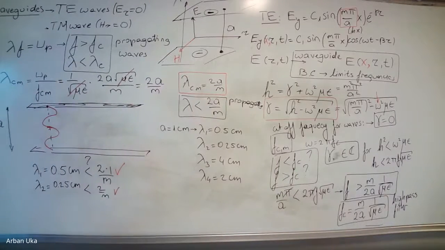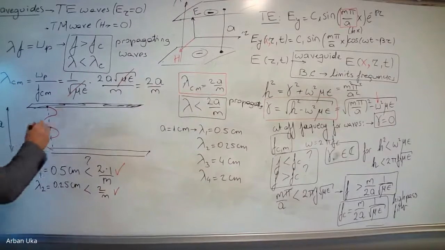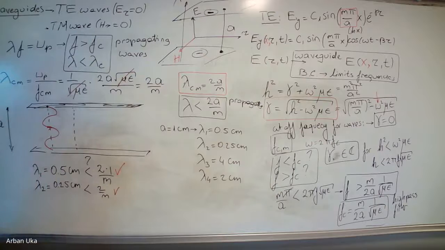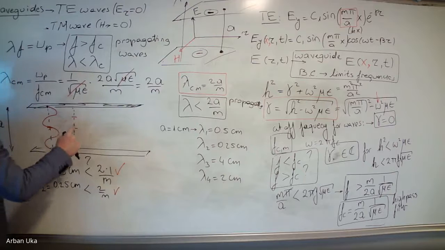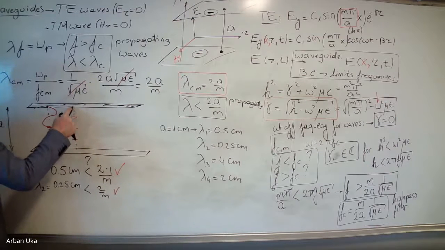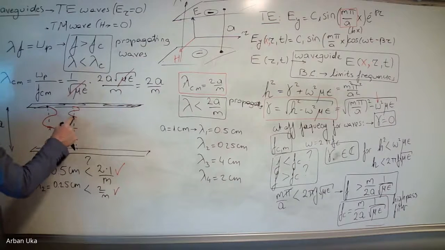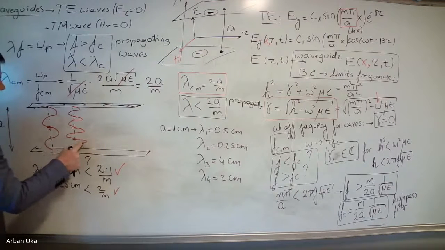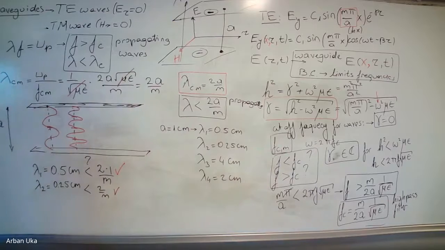So then what is this wave? This second wave, this is 1 centimeter, half is 0.5, this is 0.25. So here we have one wave which looks like this. Okay, we say yes to this also.